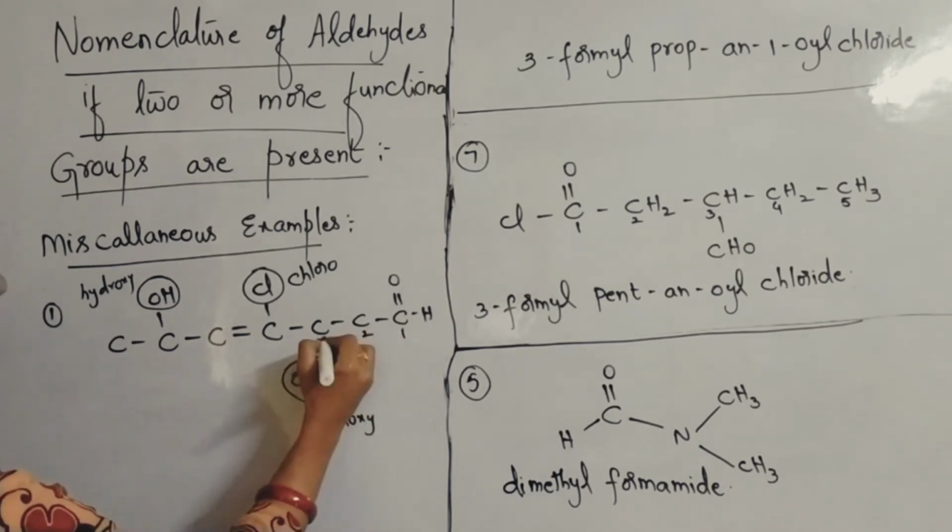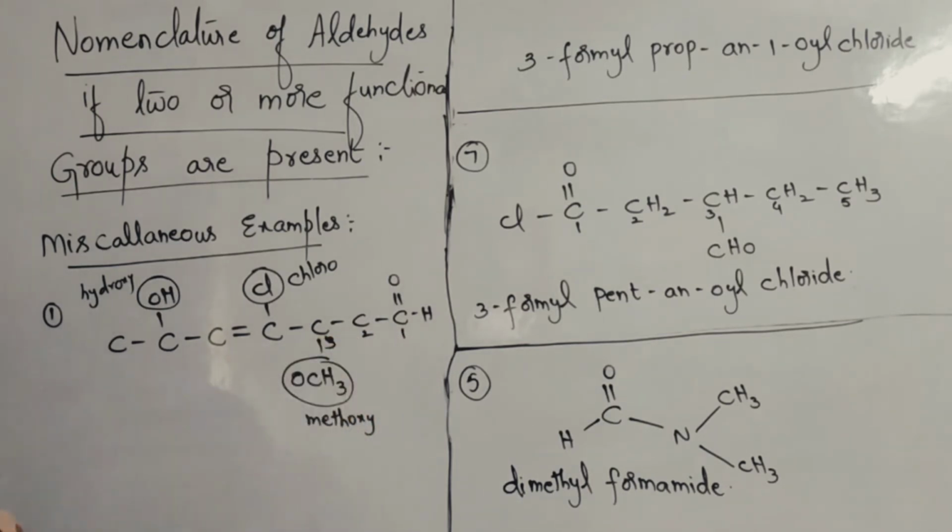1, 2, 3, 4. Chlorine is attached to the 4th position. 5, 6, 7.